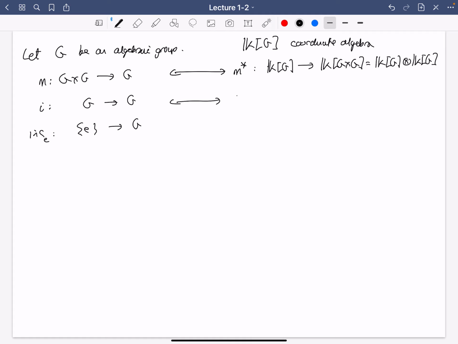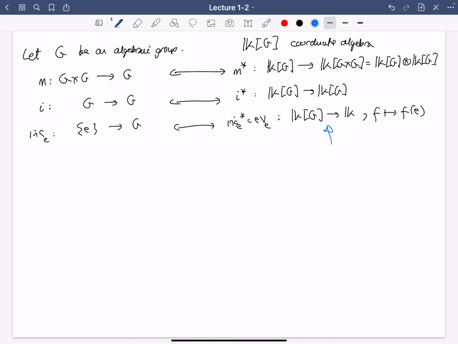The inverse map, its comorphism, will give us a map from K of G to K of G, and the comorphism of inclusion, I think I usually call that evaluation. That's evaluation at E, which goes from K of G to the coordinate algebra of a point, that's just the field. So that's just sending f to its evaluation at the identity element. So all three of these are algebra homomorphisms.